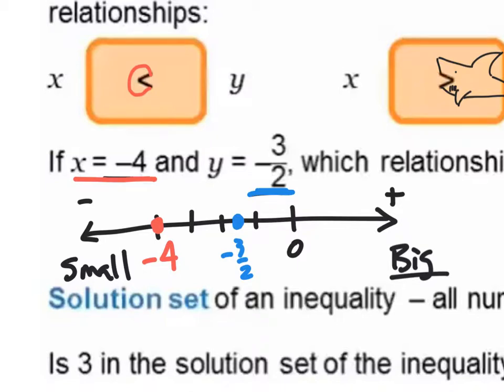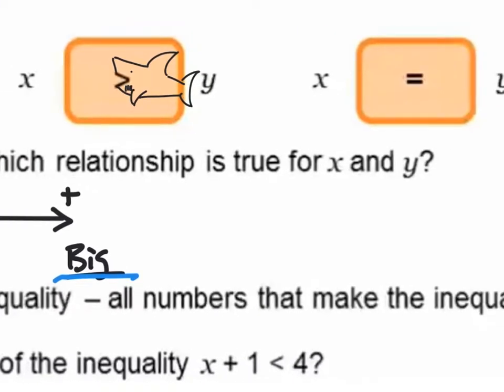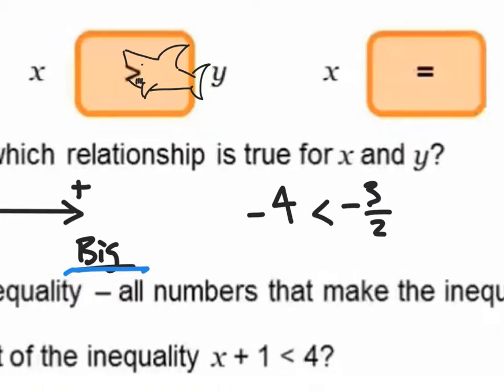Because the numbers further to the right are bigger, I know that -3/2 is greater than -4, because -4 is further to the left. So my relationship would be that -3/2 is greater than -4. It's kind of hard when you're dealing with negative numbers, but you have to think about a number line.